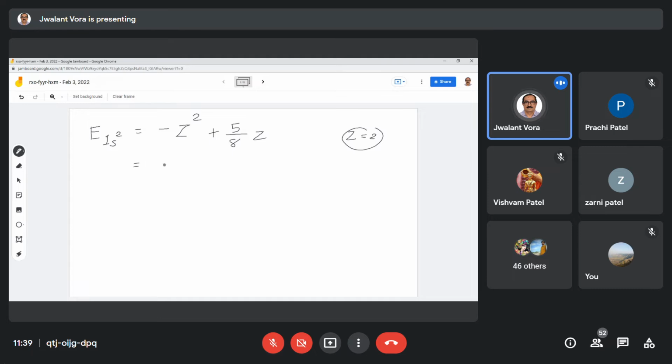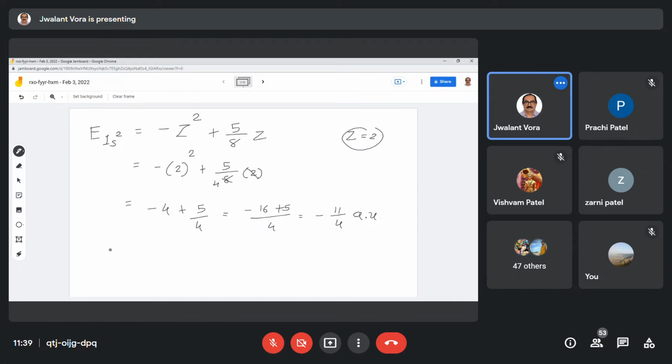So this is equal to minus 2 whole square plus 5 by 8 into 2, equal to minus 4 plus 5 by 4, equal to minus 16 plus 5 upon 4, equal to minus 11 upon 4 atomic unit.